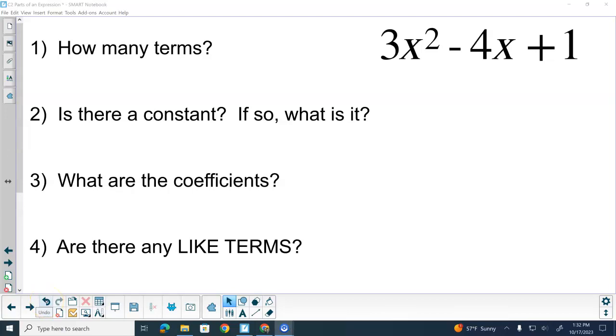Total number of terms. How many terms we got? 3. Okay. This is called in math a trinomial, because there are 3 terms. Is there a constant? Yes. Okay, and it's 1.